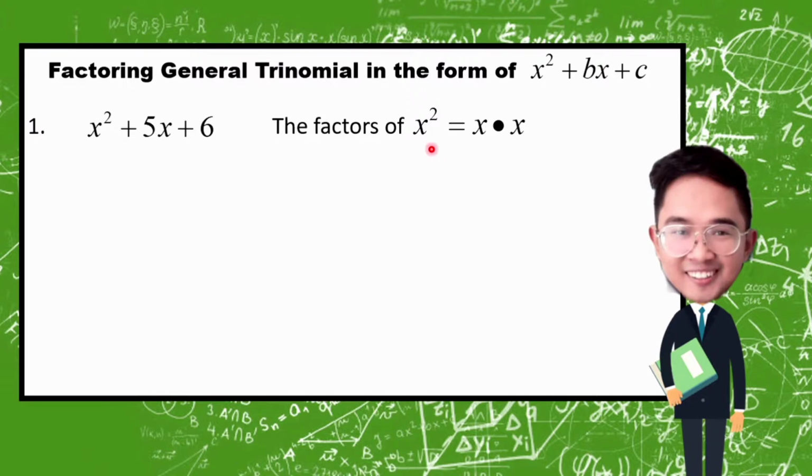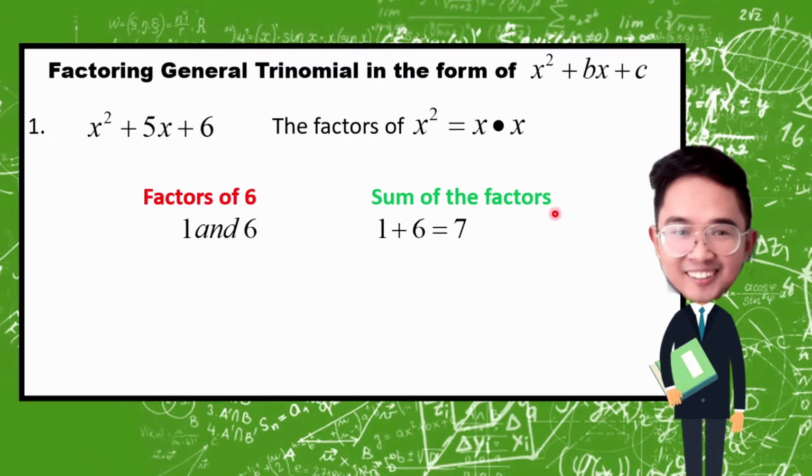For the second step, we need to find the factors of the second term whose product is the last term and whose sum is the middle term. So what we are going to do is list down the factors of positive 6 and get the sum of those factors. Let's have the first factors, 1 and 6, whose sum is 7. 2 and 3 is also factors of 6 and the sum of these factors is 5.